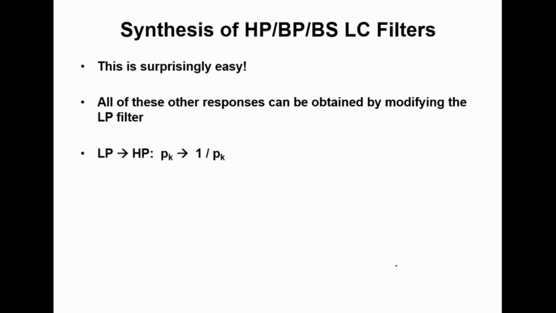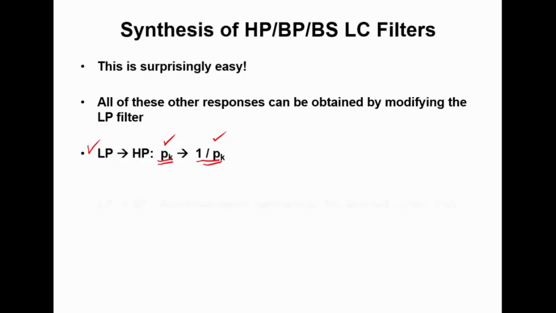And the strategy goes like this. To go from low-pass to high-pass response, you take those normalized component values and you simply take the reciprocal of those values. So if you design a low-pass filter and you get the normalized component values for whatever response you seek, simply take the reciprocal of those values and design the filter, and it will be the corresponding high-pass response.